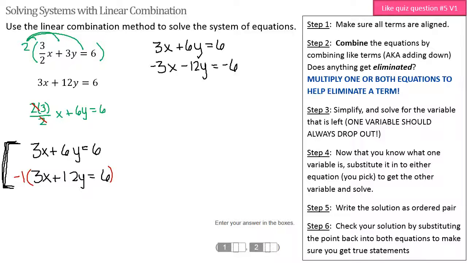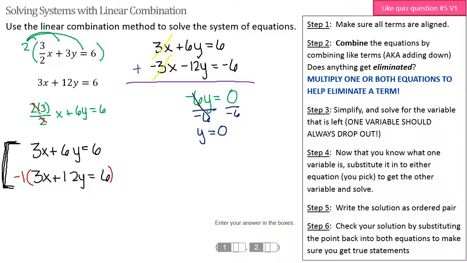We distribute that -1 through, and now we can add straight down. Our x's cancel out. We have 6y plus -12y, which is -6y, is equal to 6 plus -6, which is 0. So now if we divide both sides by -6, we get y is equal to 0.